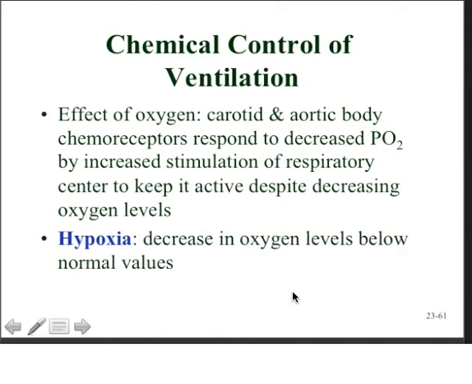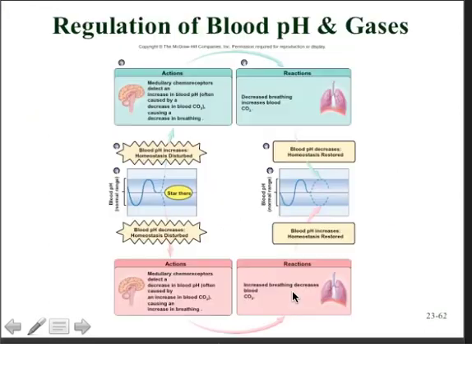Hypoxia is just a condition in which the oxygen levels fall below normal value, and obviously to fix this we have to increase the rate and the depth of respiration to get the oxygen content back to normal levels. And so what you're looking at here is just, again, the same sort of scenario that we were looking at in previous chapters when we were dealing with shifts in blood chemistry brought about in other systems, okay, or changes in physiological conditions.